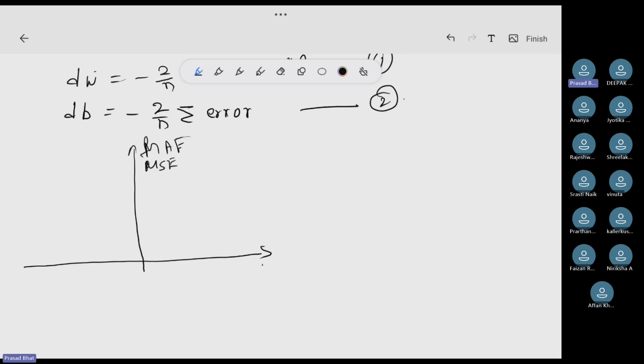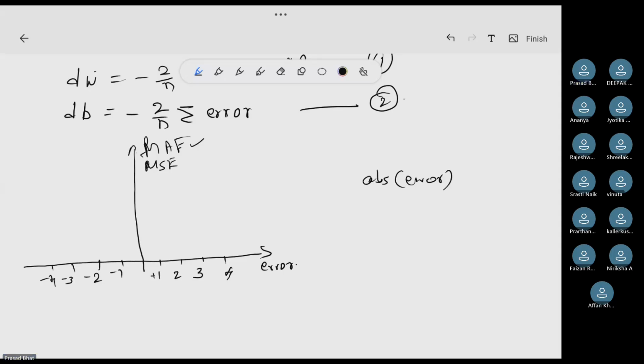If this is the error value, then +1, +2, +3, +4, right? If the error is negative, it means y predicted is larger than the y actual. In that situation, we get negative errors, right? So -3, -4. What is MAE? It is the absolute of error, correct?